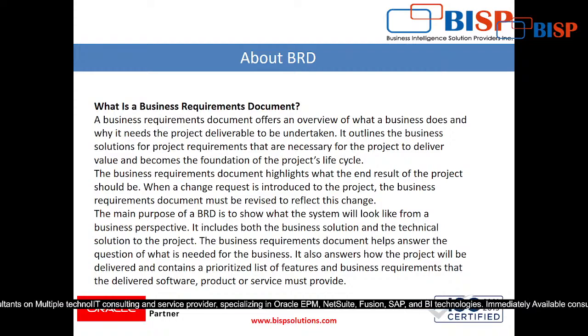And after the implementation of that complete process in Fusion, we will show them how your business will work in the future. Everything is done on paper only, there is nothing technical right now. In this way we create a business requirement document.